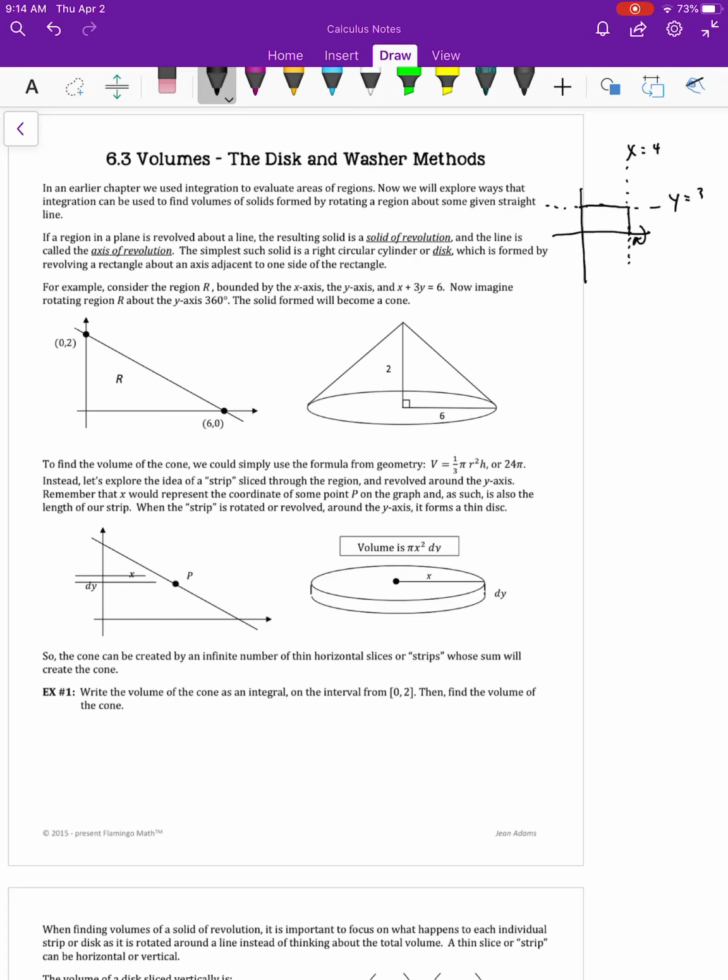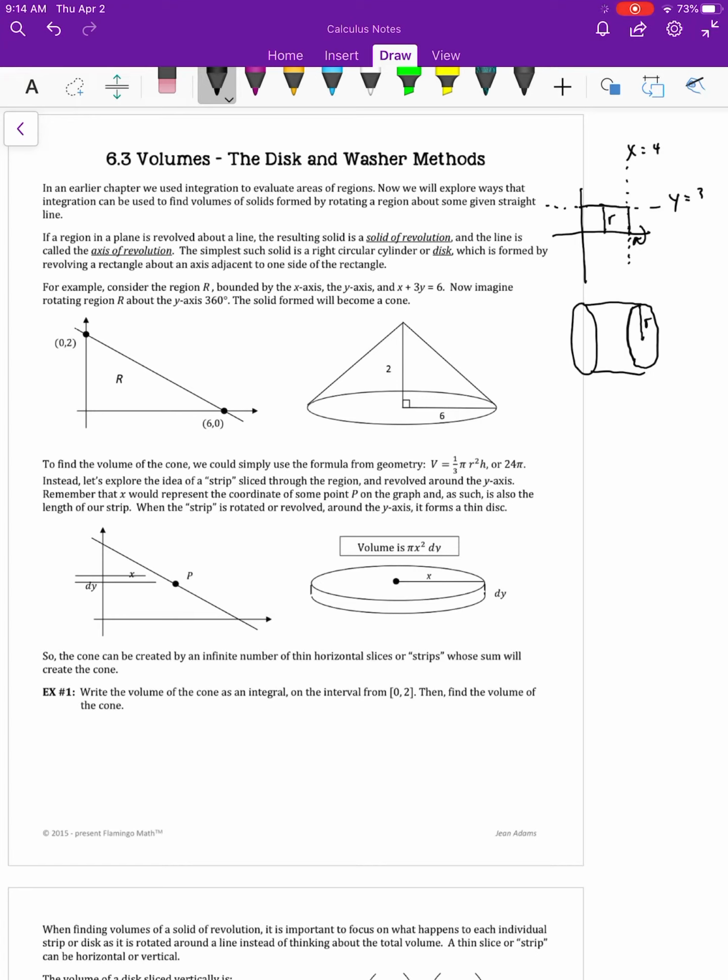We would just be spinning it about that axis, and what would end up happening is that you would get this cylinder that looks like this, where the radius of the cylinder is actually this distance.